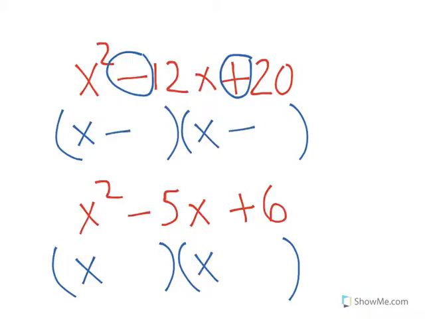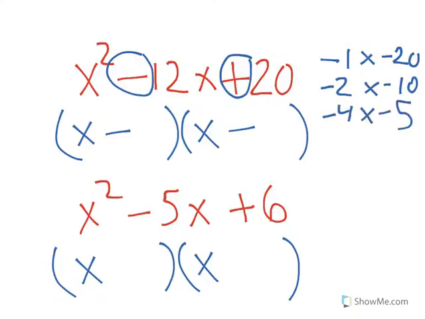So what I'm going to start doing is listing numbers that multiply together to equal 20, but both of them are going to be negative. So let's list them. There's negative 1, negative 20; negative 2, negative 10; negative 4, negative 5.